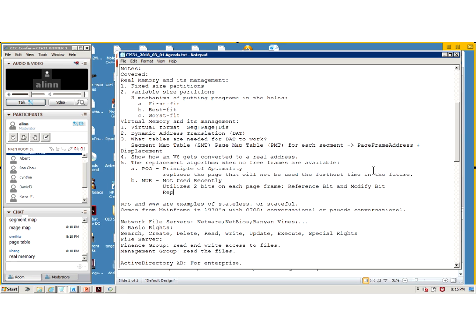And it replaces them 0,0 first, 0,1 second, 1,0 third, 1,1 last, in that order. And then periodically, all reference bits are reset to 0. And then when it gets hit with a reference, it sets the bit back to 1. And that's how that one works.